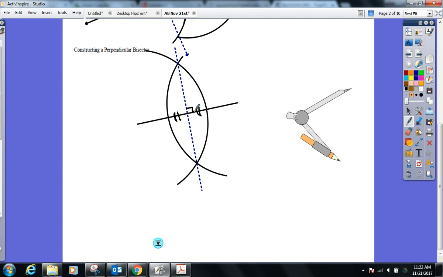Okay, all the basics. One more basic one on the next page, and that's bisecting an angle.